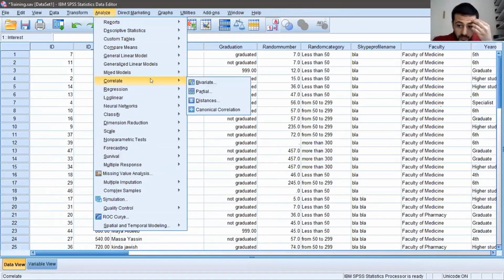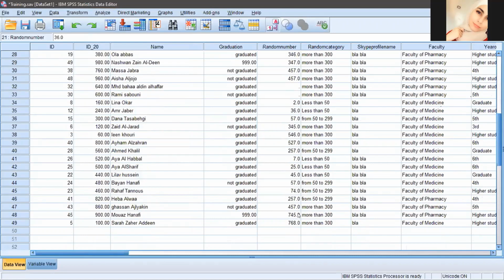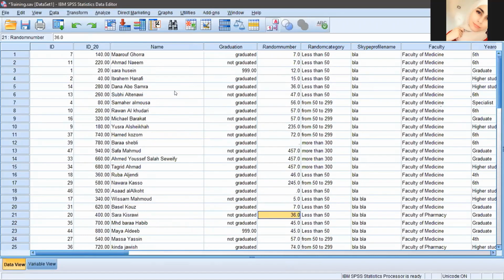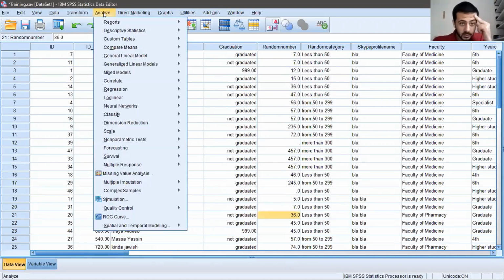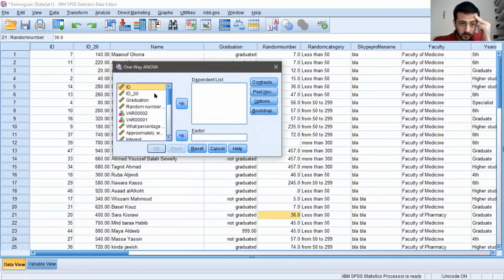What I will do is analyze. Do you remember a category that has 3 values or more? University, before we changed it. Analyze, compare means. We need the ANOVA test. I will take this as dependent, and the factor is university.